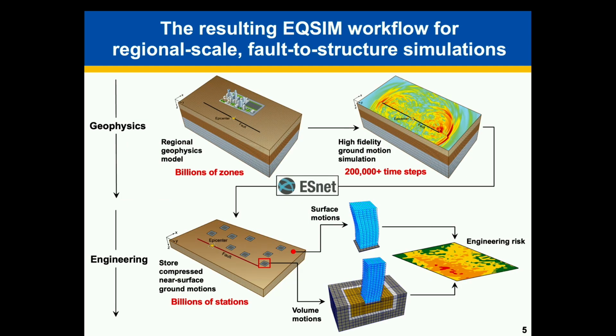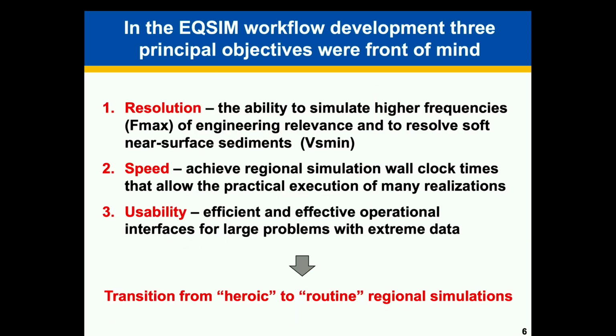At the end of the day, we developed an end-to-end workflow that I don't have time to describe here, going all the way from the geophysics simulation, transferring those large data sets in two different flavors to the engineering community, so they could either do a simple fixed-base analysis with the ground motions at that site, or do a fully coupled and potentially nonlinear soil analysis for their facility and get a distribution of risk. A fundamental overarching objective was to get a much clearer distribution of regional-scale risk.